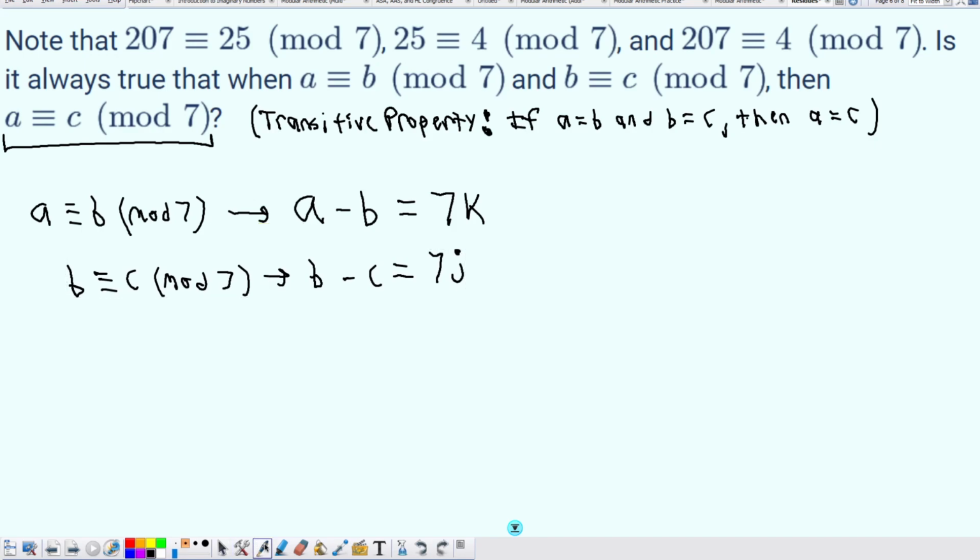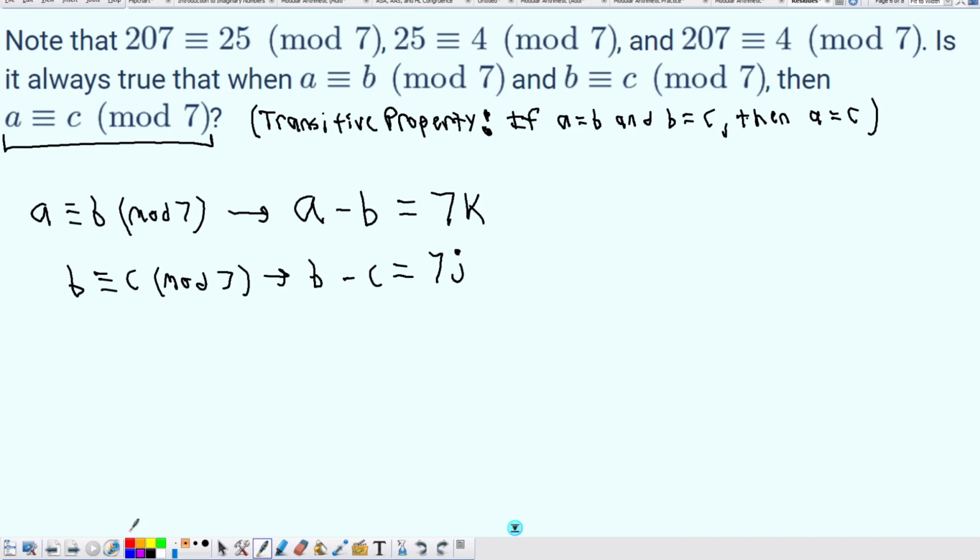We have two equations, this one here and this one here. And I notice that in one equation we have a negative B, and in the other we have a positive. Therefore, if I add those two equations together, they will cancel out the B terms.